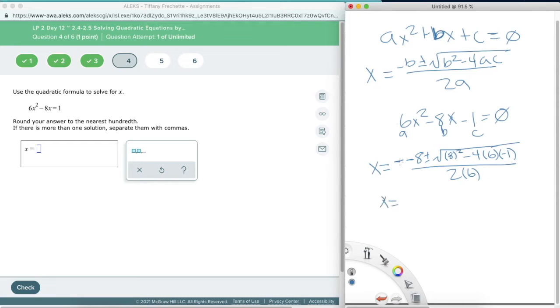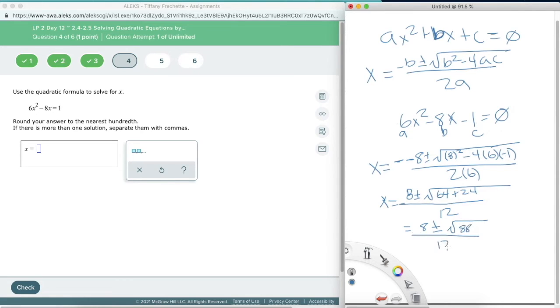So negative 8 is actually positive 8, plus or minus 8 squared is 64. Negative 4 times 6 is negative 24 times negative 1 is positive 24, over 2 times 6 is 12. So 8 plus or minus, let's see, we have 64 plus 24, and that gets us 88, over 12.